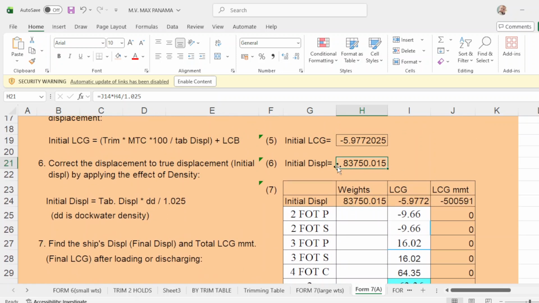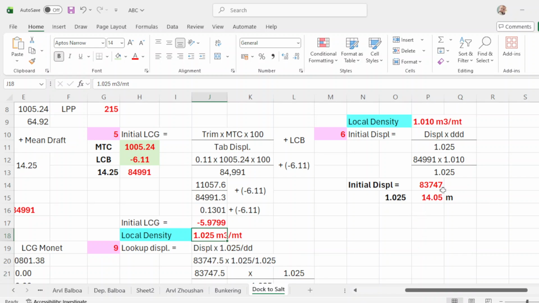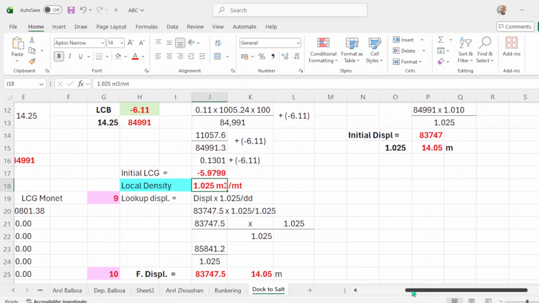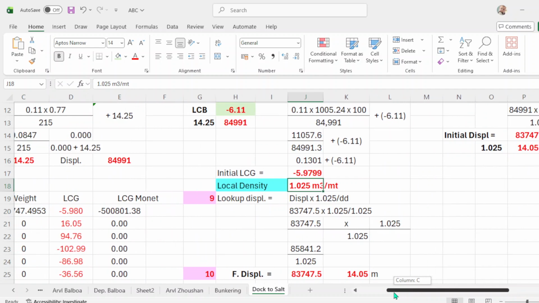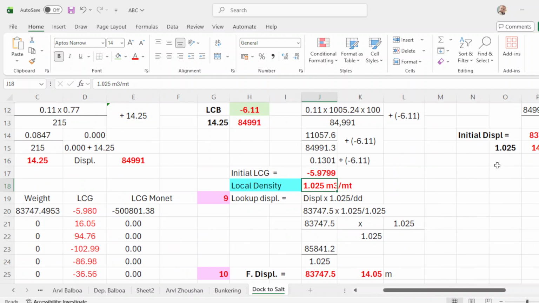This initial density, place it here, and your initial LCG is this one. Okay. Then in manual, you have now your initial displacement. That will be number 6. This will be number 7. So your initial displacement, put it here, the weight.